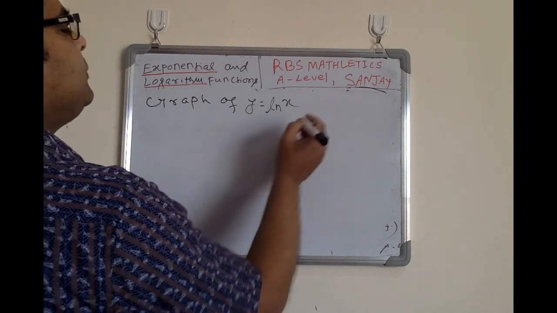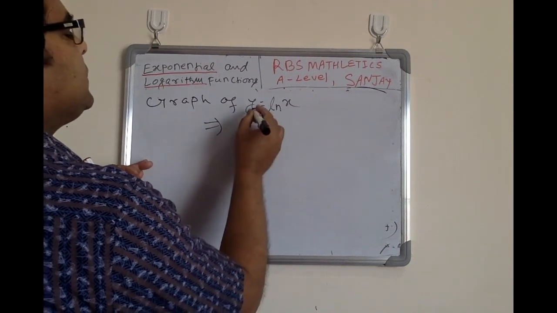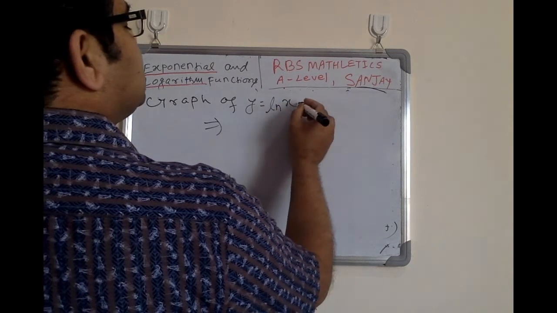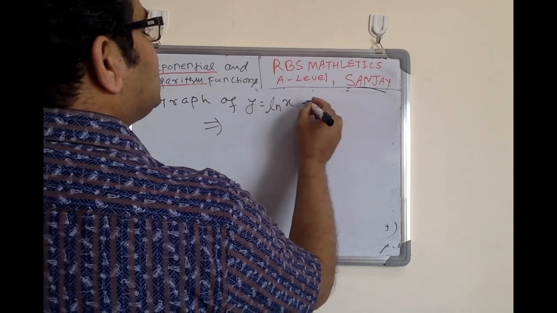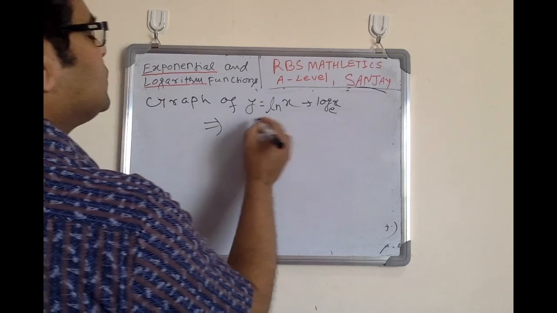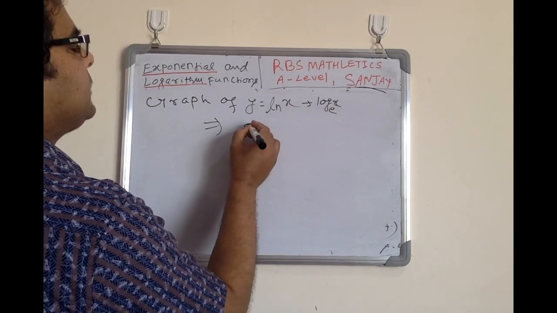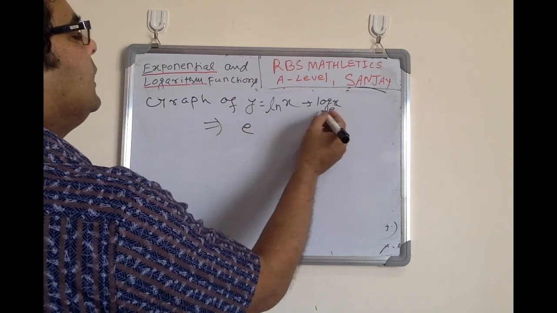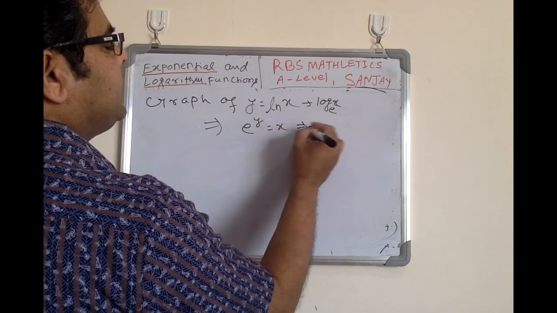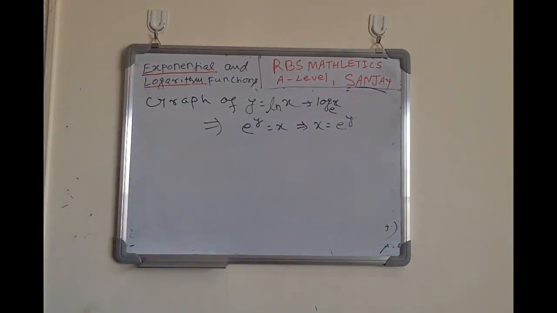And also if you convert that into the exponential form, y equals ln x, and you know that there is e actually, so this is actually log of x to base e. After you express that in exponential form, it is going to be e to the power y equals x, that is x equals e to the power y.